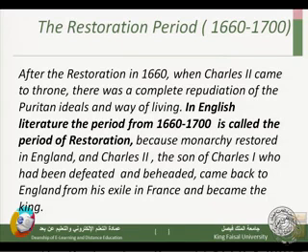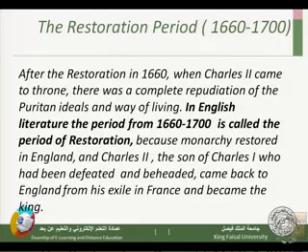Now, this period starting from 1660 to 1700 is what we call the Restoration. And why do we call it Restoration? Of course, you know the word restore. Restore means to get something back, to regain it. And that's why we call it Restoration.